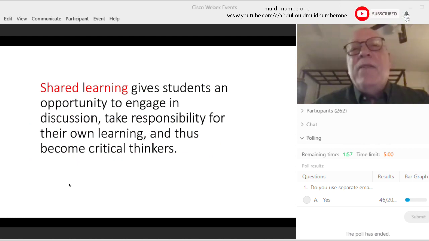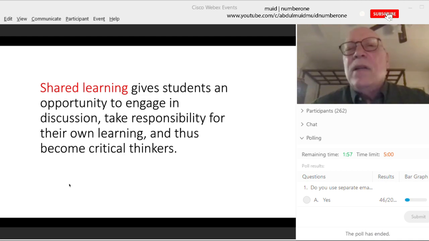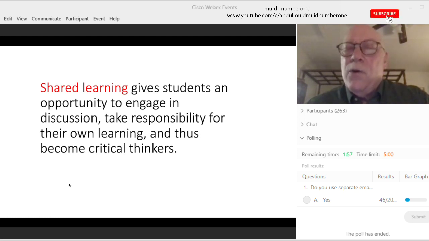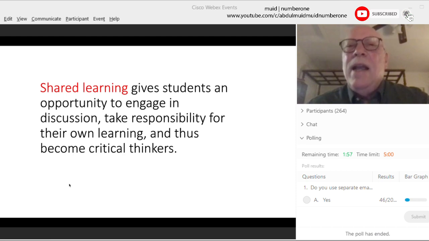Shared learning gives students an opportunity to engage in discussion, take responsibility for their own learning, and thus become critical thinkers. A lot more learning happens in group work than it does in students working alone. And this is a fact understood by educational research.